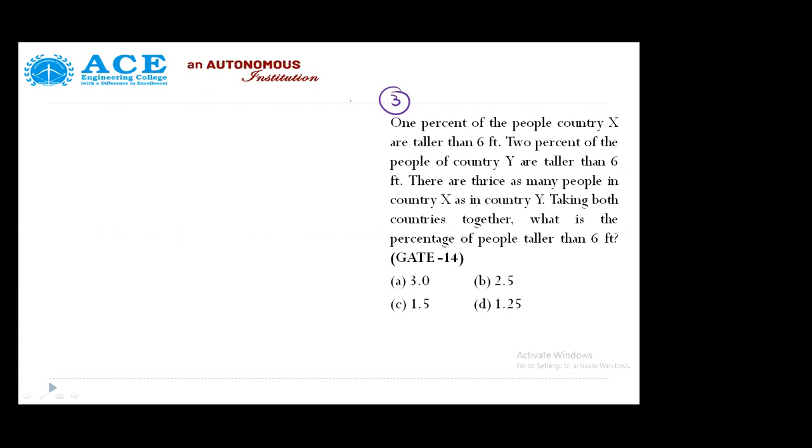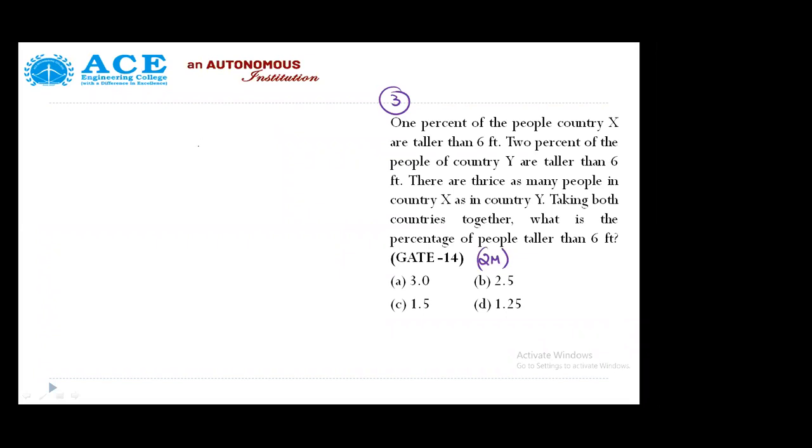Now let's see about this question, my dear friends. This is also 2 marks question given in GATE 2014. Akhil, you can do like that. We'll solve 2 methods for this question, my dear friends.